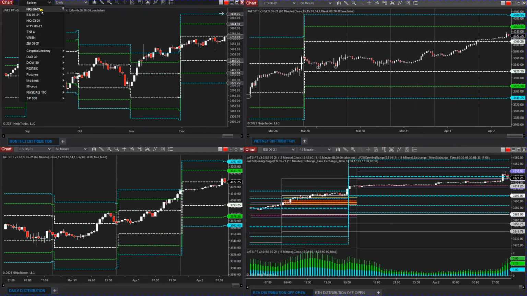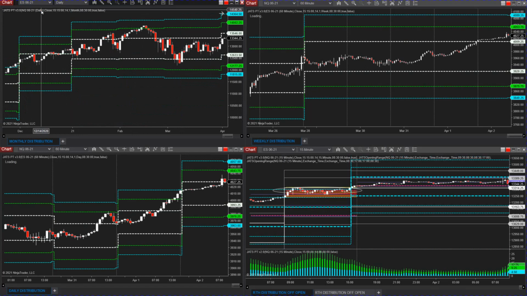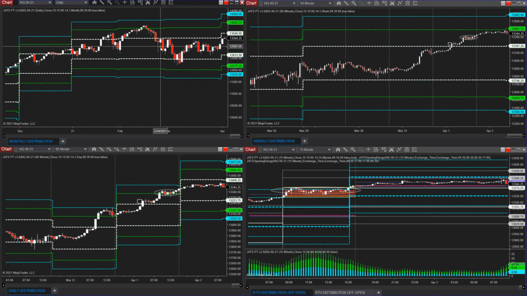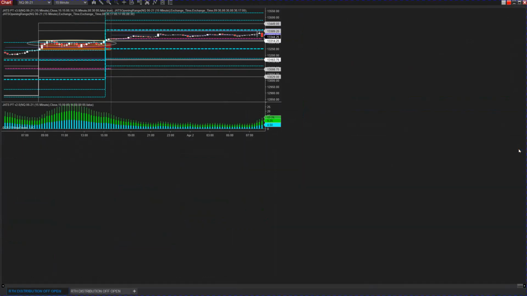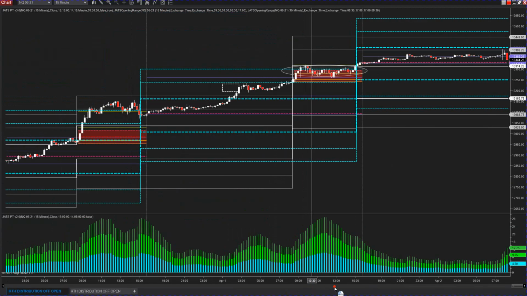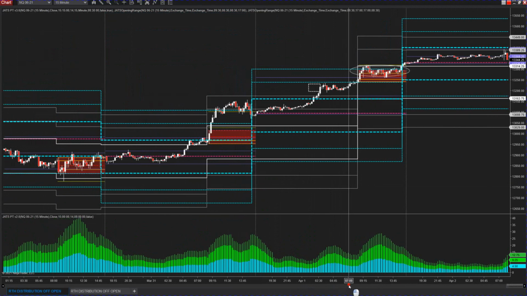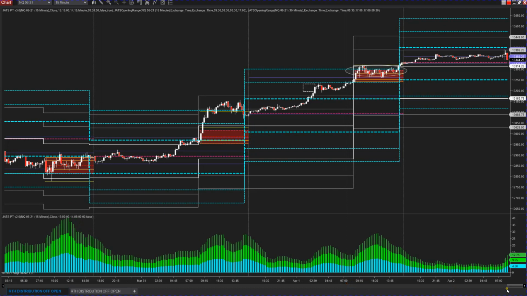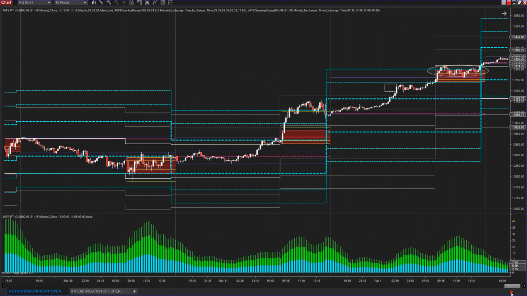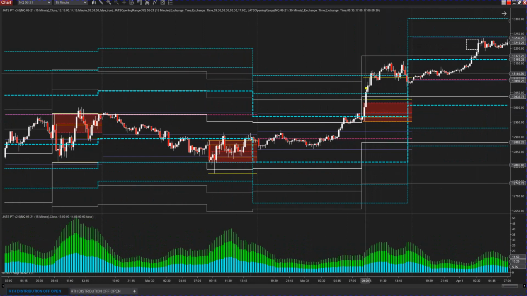I want to show you the NQ Thursday's price action, and then last Friday for that. So here was the breakout.